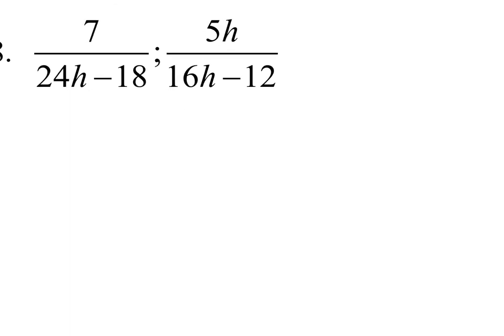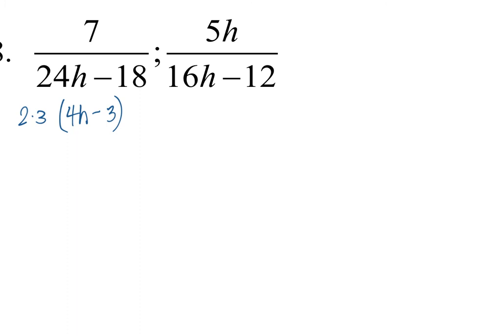On number 8, we're looking at these denominators and wanting to factor them. For 24h minus 18, you can factor out a 6. 24 divided by 6 is 4h, and 18 divided by 6 is 3. Instead of writing 6, it would be better to write 2 times 3, because that's the prime form of 6.